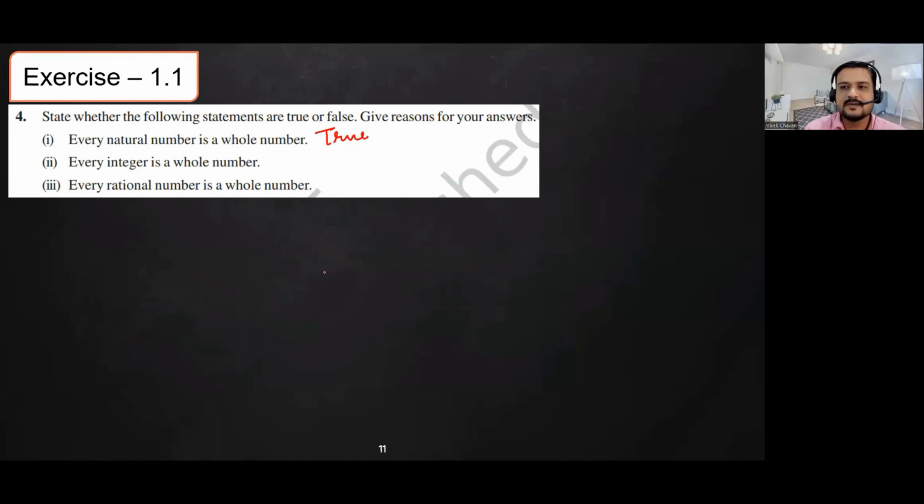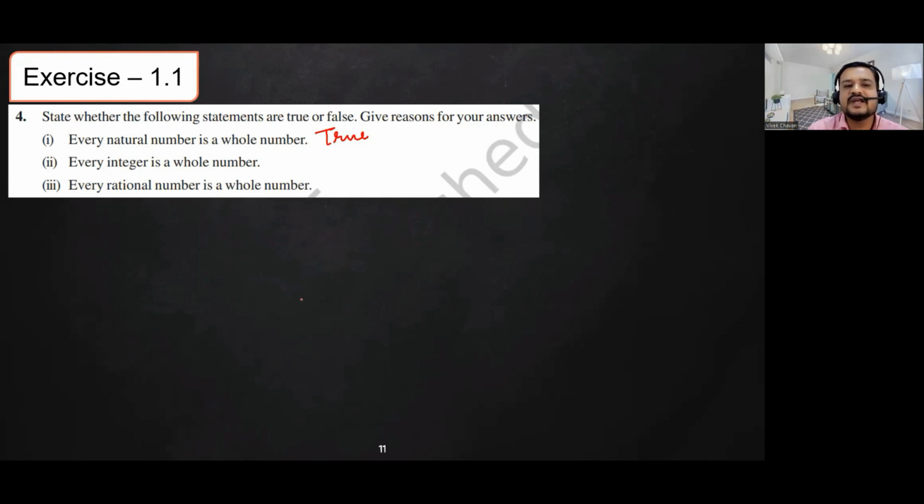See, the family of natural numbers was 1, 2, 3, 4, 5, up to infinity. This family was included in the family of whole numbers, and one new member was added, that is 0. So all the members of natural numbers come in whole numbers. So that's why it is true.